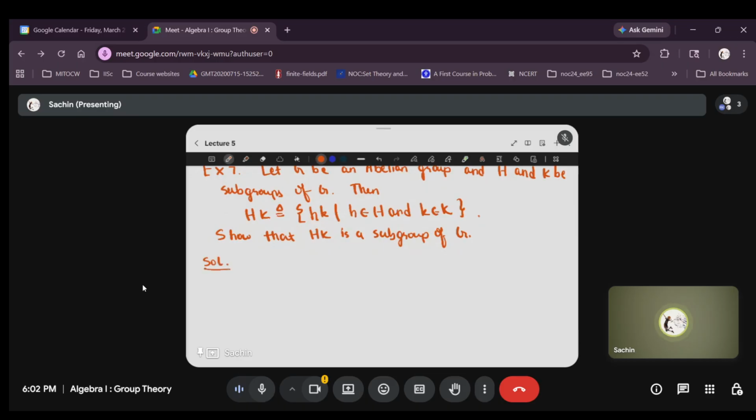So how would you solve this? Yes, this is using the binary operation.